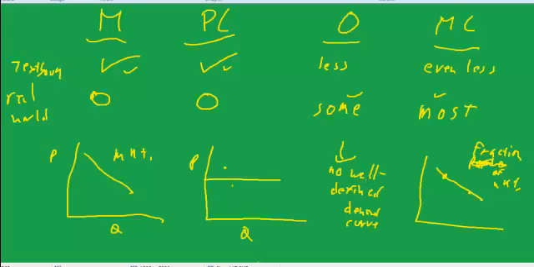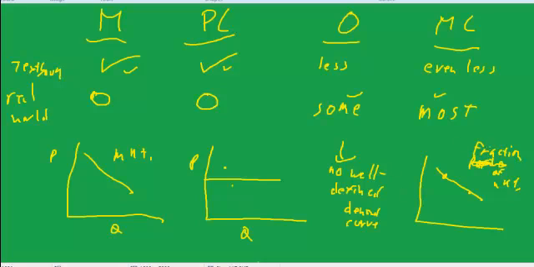So if Verizon cuts its price in the cell phone market, it can't predict how many additional customers it will get, because it depends on what AT&T does in response and what Sprint does in response. So we don't have a well-defined demand curve.